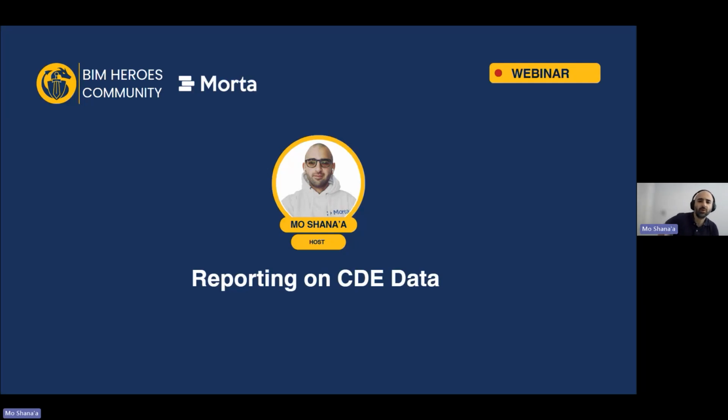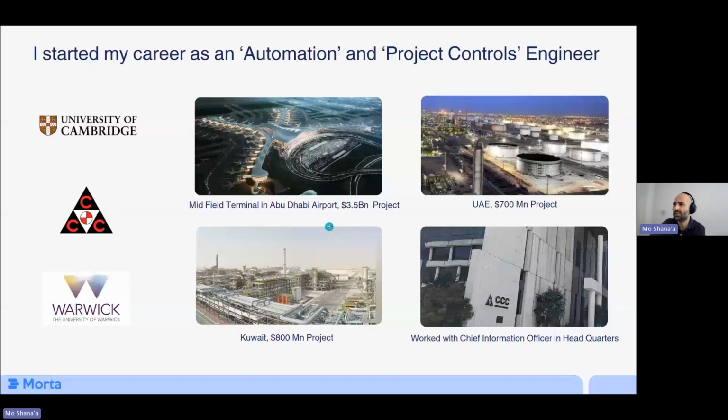So today we're going to focus on reporting on CDE data. And I will contextualize it with a bunch of other things that have to happen in information management. But fundamentally, just to give you a bit of background on myself, I started as an automation and project controls engineer. I worked with one of the largest contractors in the Middle East. I was a civil engineer by background.